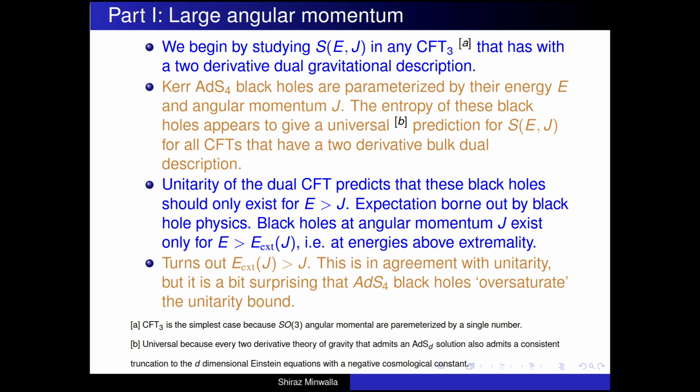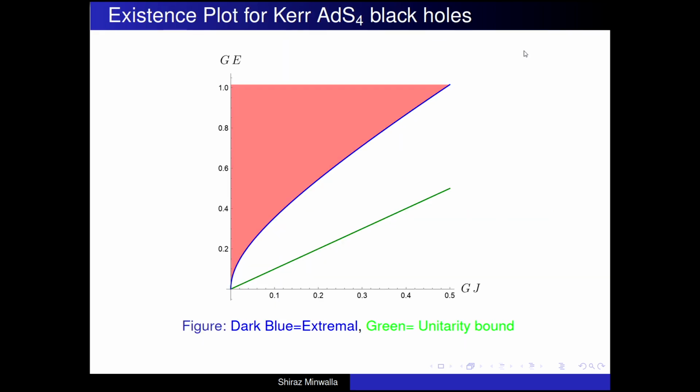Unitarity tells us that there should be no states with energies below the angular momentum. So right from the get-go, we should expect that there are no black holes whose energies are smaller than the angular momentum.